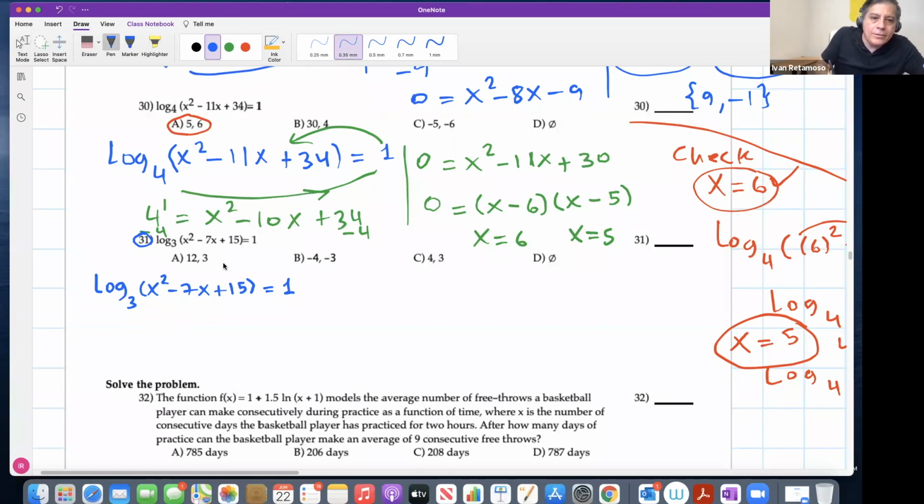Hint: since you have log only on one side of the equation, it is a good strategy here to snail it, as I did before. So snail it.